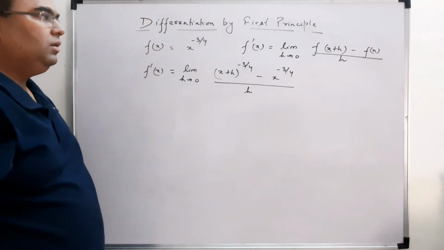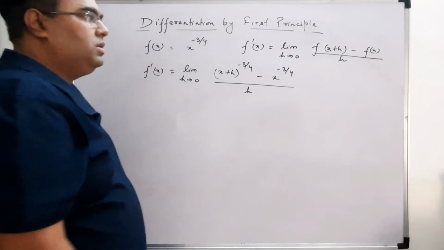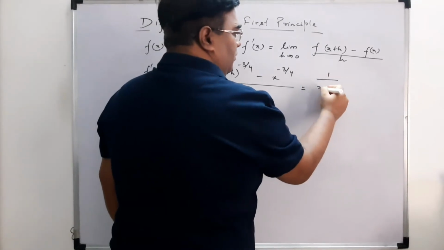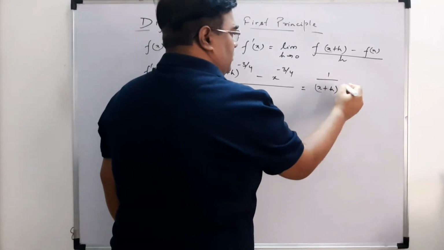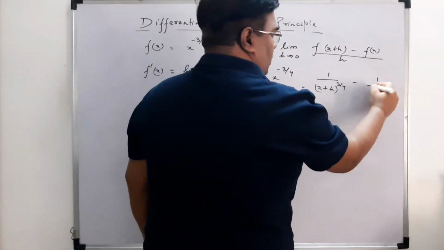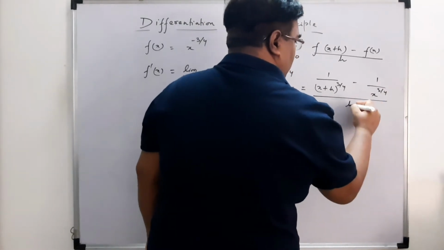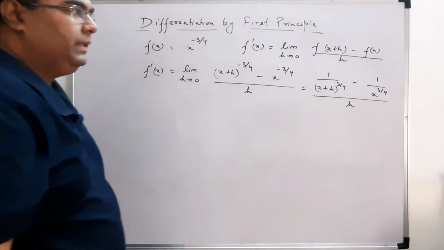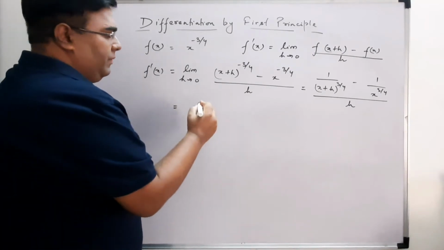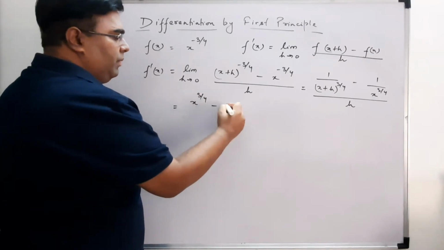Now the power is negative, so let's make it positive: 1 upon (x plus h) raised to 3 by 4 minus 1 upon x raised to 3 by 4. Taking LCM and simplifying, it will be x raised to 3 by 4 minus (x plus h) raised to 3 by 4.